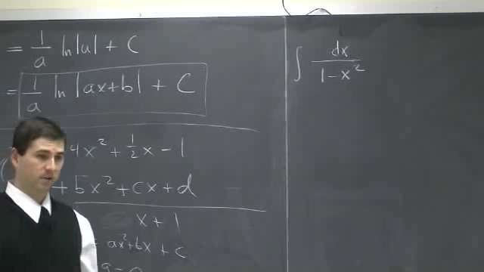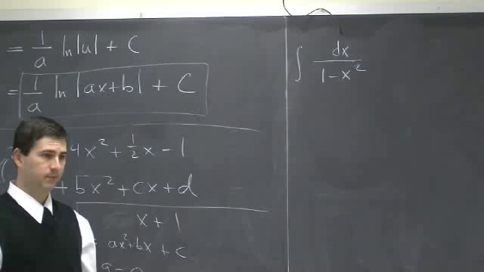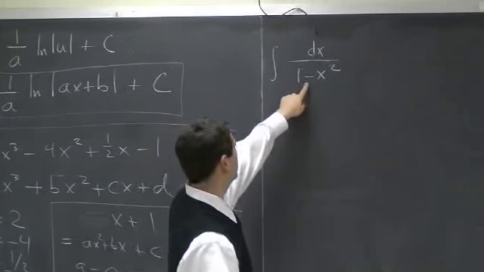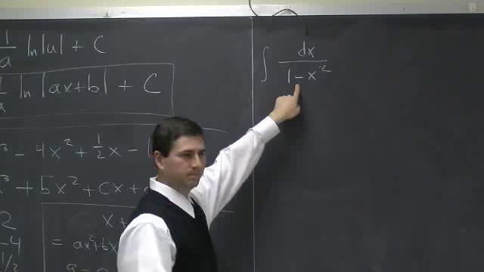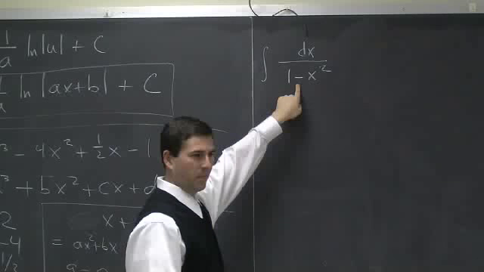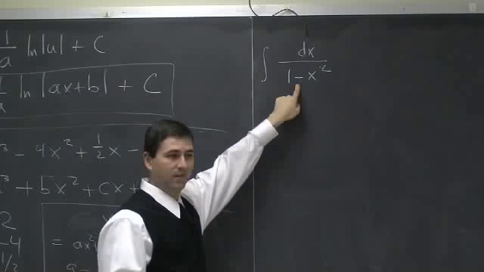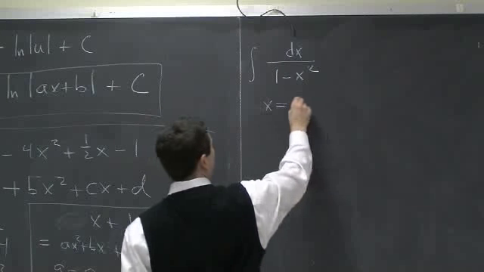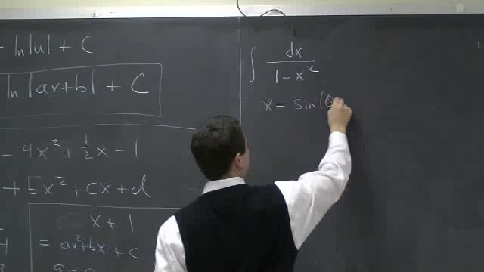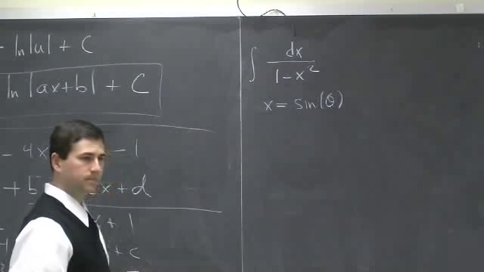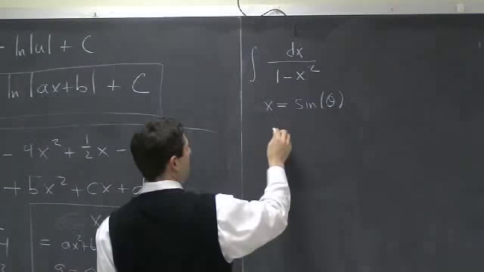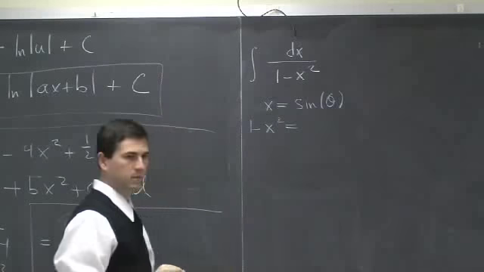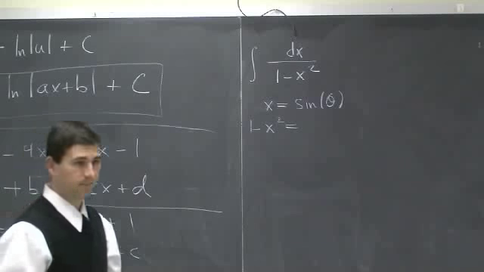We might try a trig substitution. And actually, if you recall when we did trig substitution, do you remember what this went to? That's right, it went to secant. So remember, if we set x equal to sine of theta, then what is 1 minus x squared equal to?